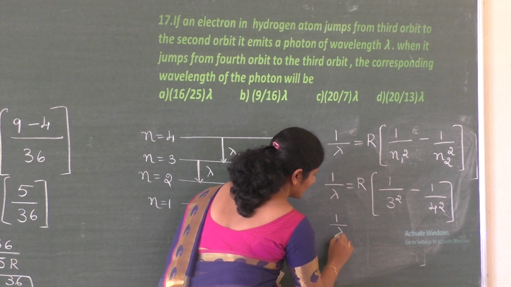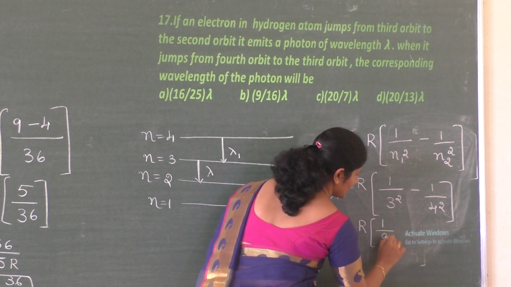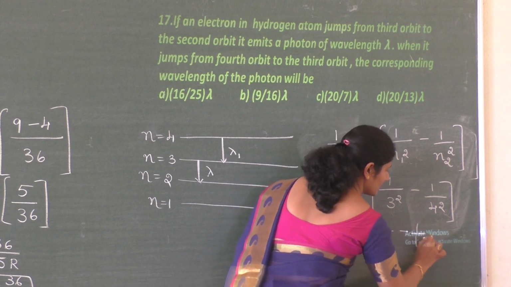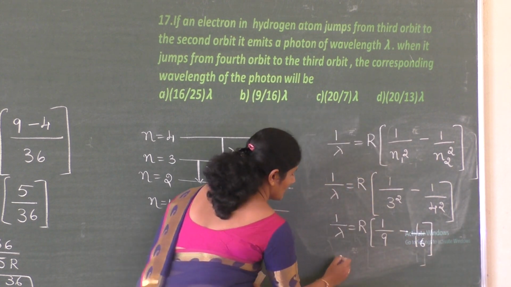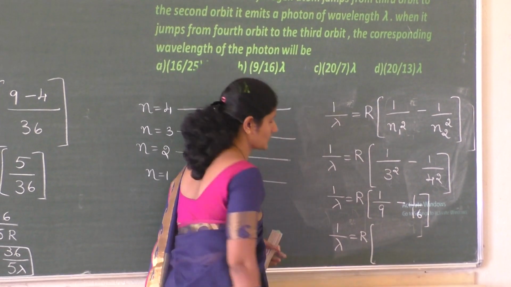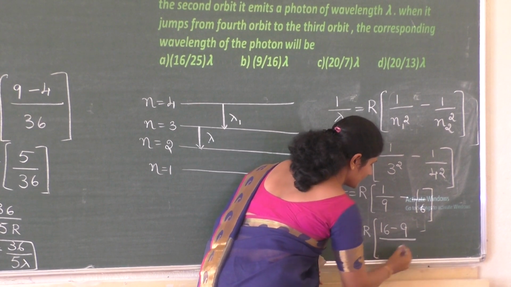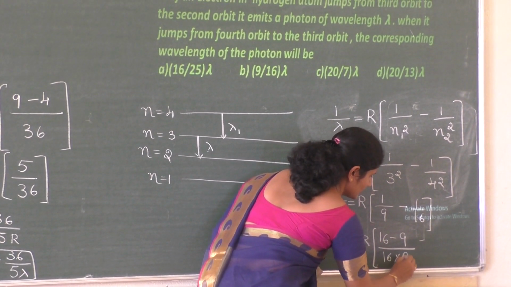So 1 by lambda is equal to R into 1 by 9 minus 1 by 16. 1 by lambda is equal to R into 16 minus 9 divided by 16 into 9.